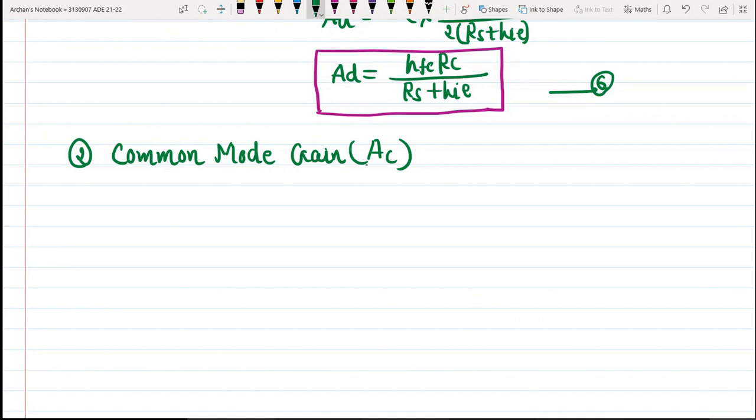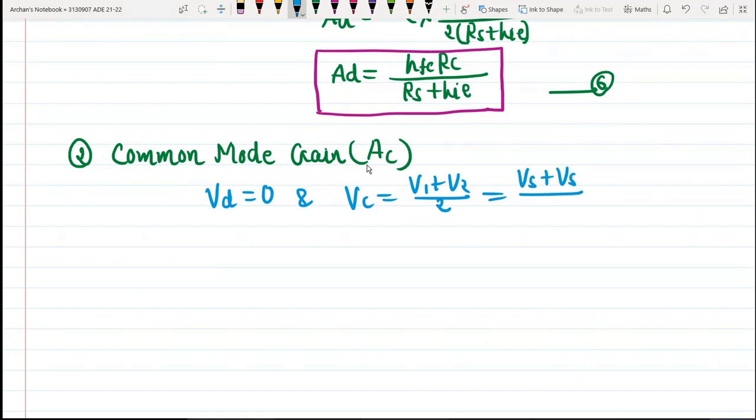Both the inputs are the same in magnitude as well as in phase. So what will happen to the differential input voltage Vd? Differential input voltage Vd will be equal to 0. While the common mode input voltage Vc will be the average of the two, that is (V1 plus V2) by 2. Let us say V1 is equal to Vs and V2 is equal to Vs. So (Vs plus Vs) by 2 will be equal to Vs.